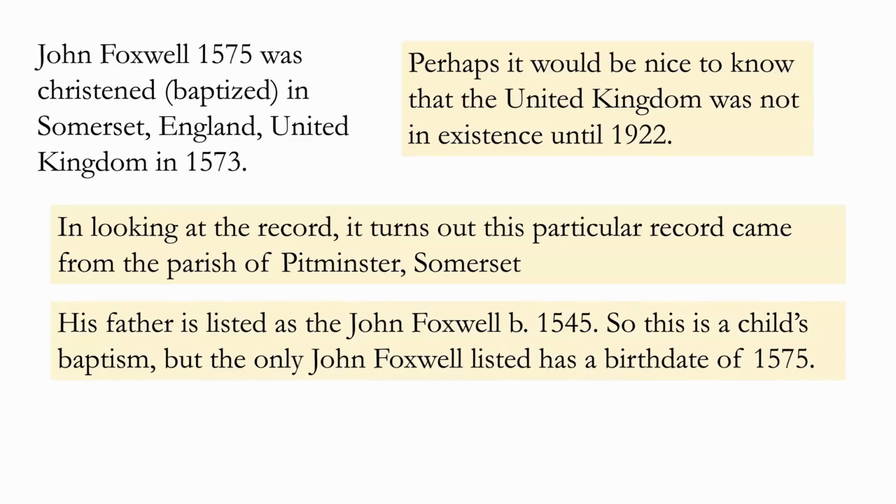So the one we're looking for is 1575, and his father is listed as John Foxwell, born 1545. So you're starting to get into some of the concepts and some of the problems that you have when you actually work through these records and think about them, and not just paste in another John Foxwell that you find because you do a search for John Foxwells in the English baptisms.